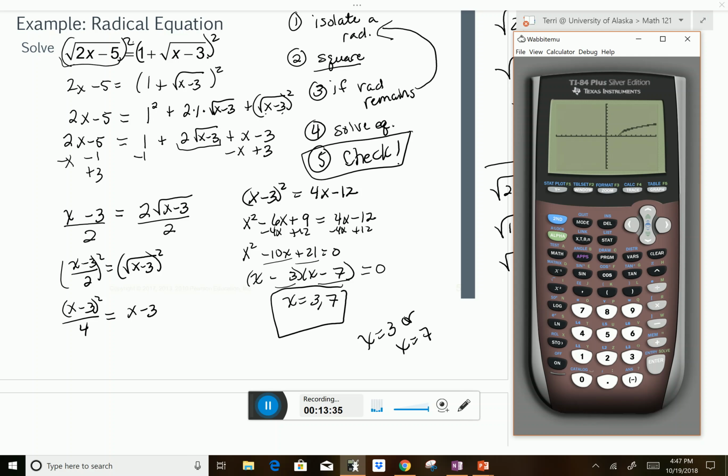Ooh, that's hard to see. So let's see if we can't zoom that to where we want to be. Somewhere between 3 and 7, I think, so we can see both of them.